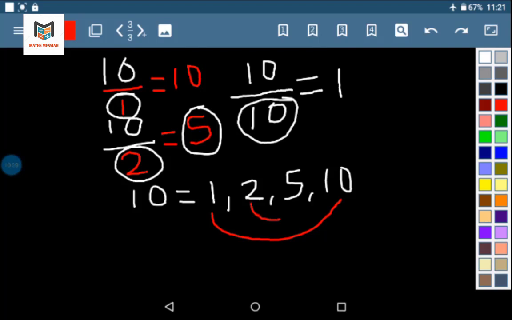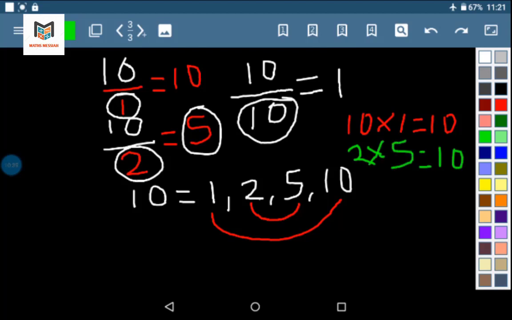So if you multiply 10 by 1, you get 10. And when you multiply 2 by 5, you get 10. So you can see that 1, 10, 2, and 5, they are all factors of 10.